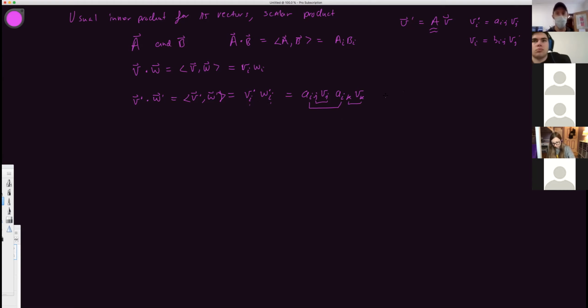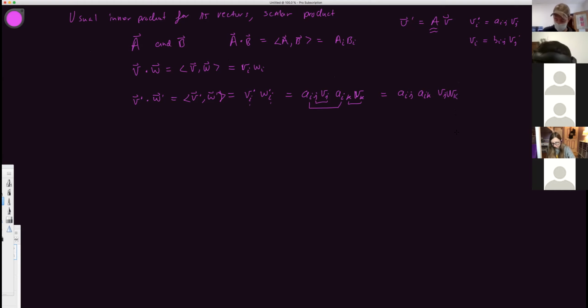Okay, so the beauty of working in components is that you can move stuff around at your will, because they're just numbers. So I'm going to write A_ij A_ik V_j W_k. Oh, sorry, bad. This is supposed to be W, okay? There we go.